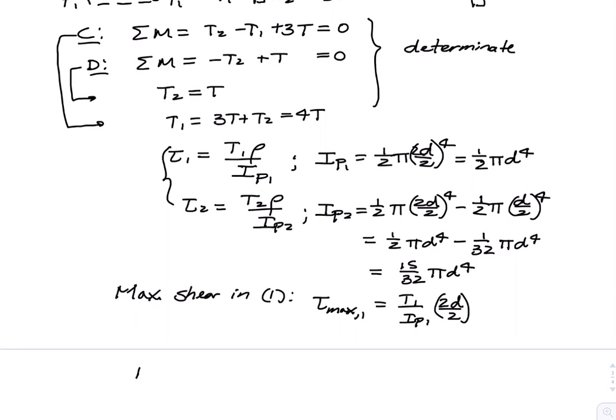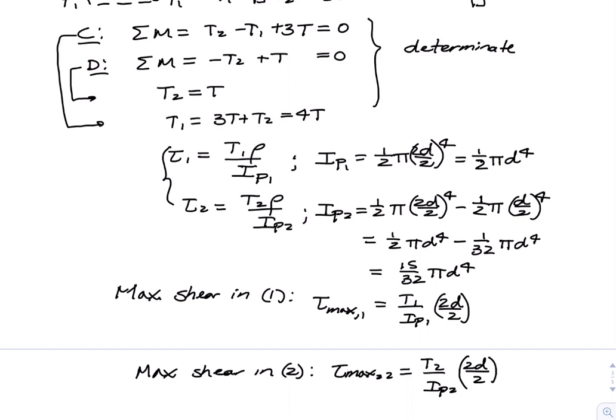The maximum shear stress in 2, that's tau max for 2, is going to be on the outer surface of that, which is also when rho is equal to 2d over 2.